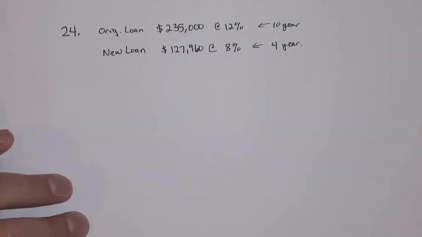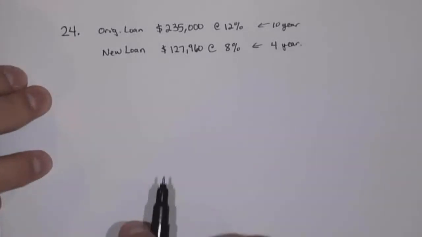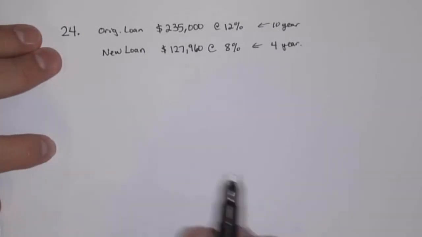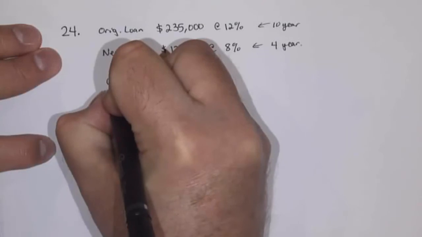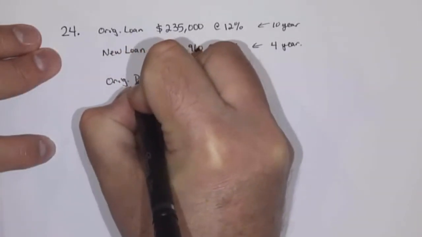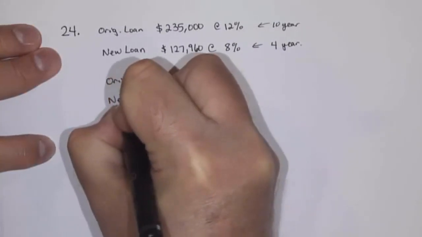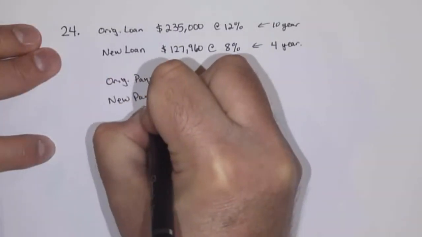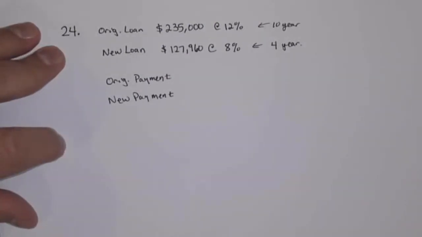And so again, our question is, what is the difference in the monthly payment, and how much are we going to save by refinancing? And we're given a table to help us do this in this particular case. So the first thing we're going to need to do is figure out our original payment, and then our new payment, and then we can use that to figure out the difference and how much we're saving.